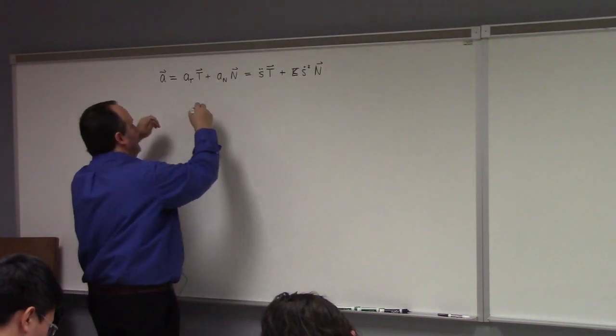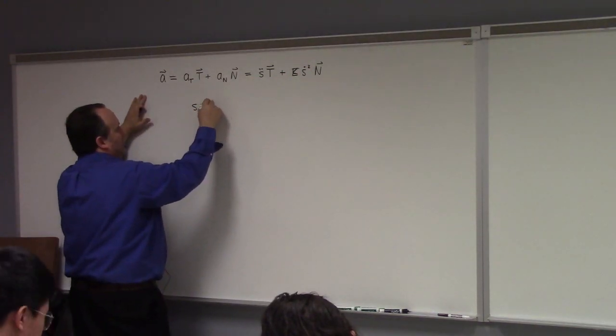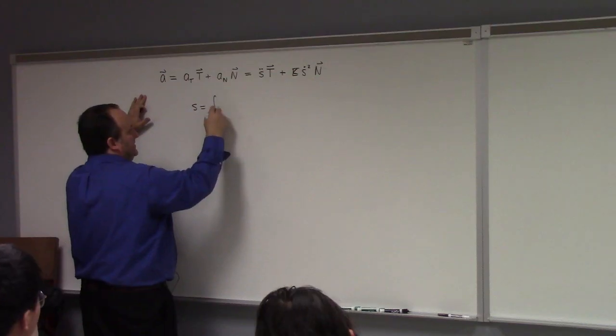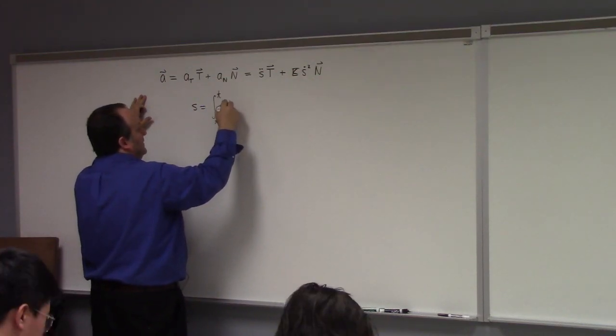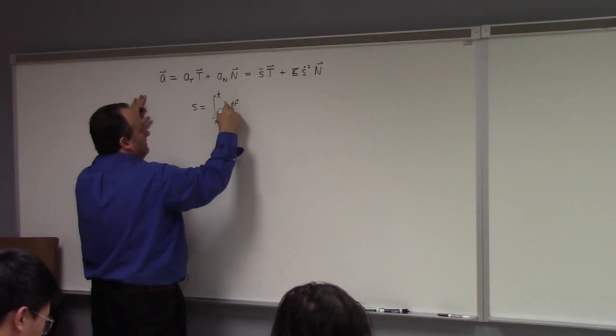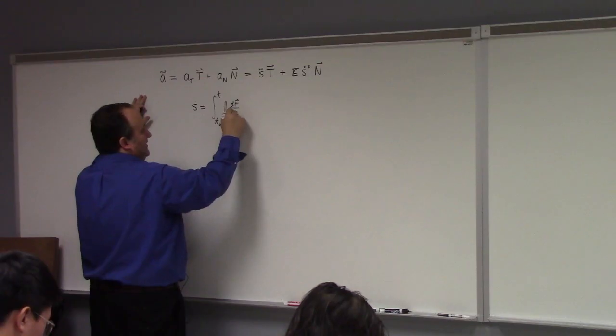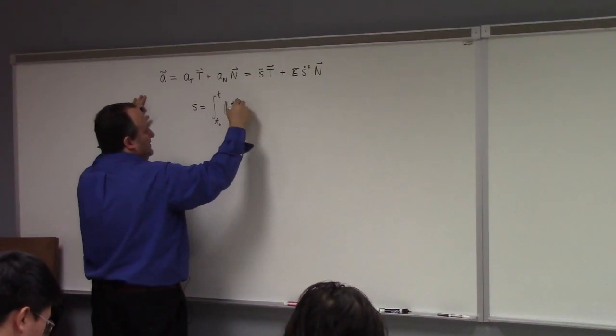All right, so here s is equal to the integral, say from t naught to t, of the magnitude of dr d tau. I guess I got to use a tau here. I'm feeling guilty about double using the t.